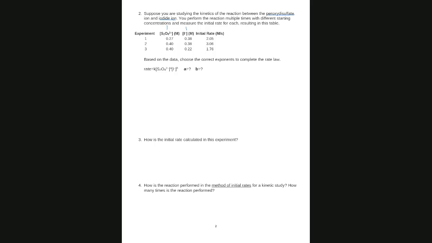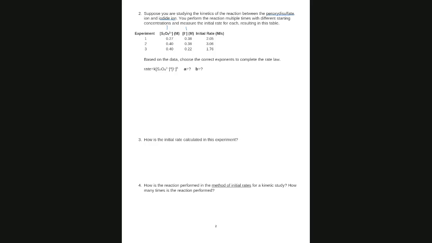If they ask you how many times you have to run the reaction for this method, several times, many times. So you perform the reaction multiple times with different starting concentrations and measure the initial rate for each, resulting in this table.